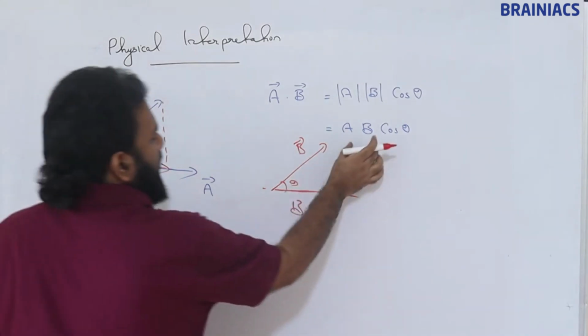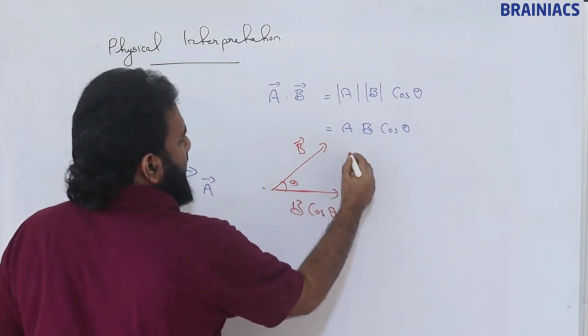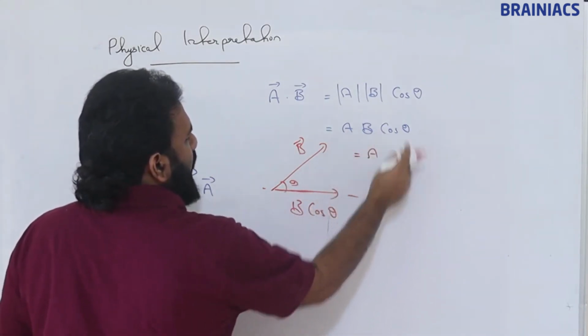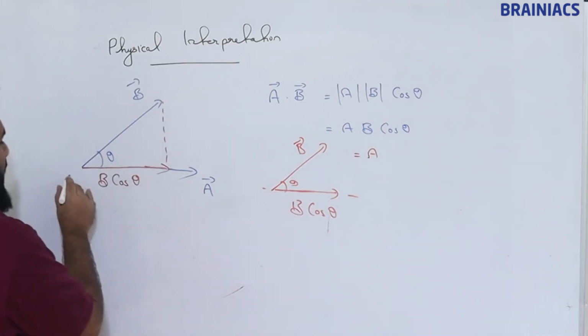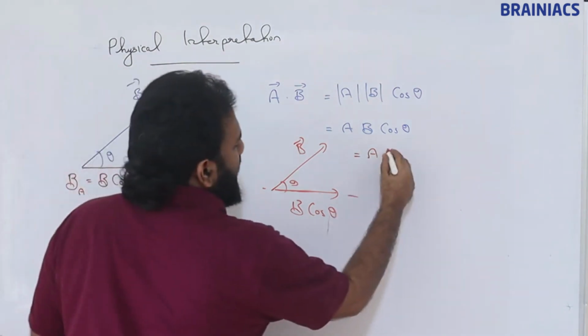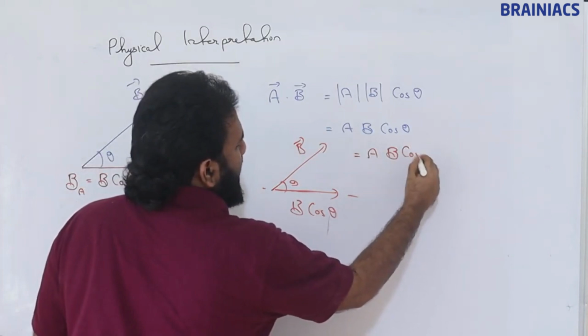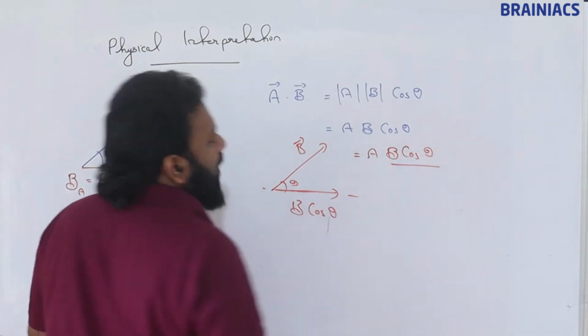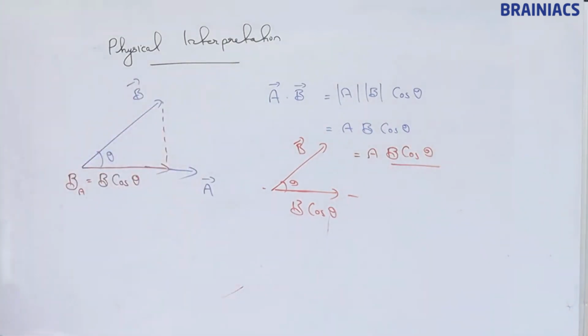So if we look at this, it is A times B cos theta. What is B cos theta? The component of vector B along A.